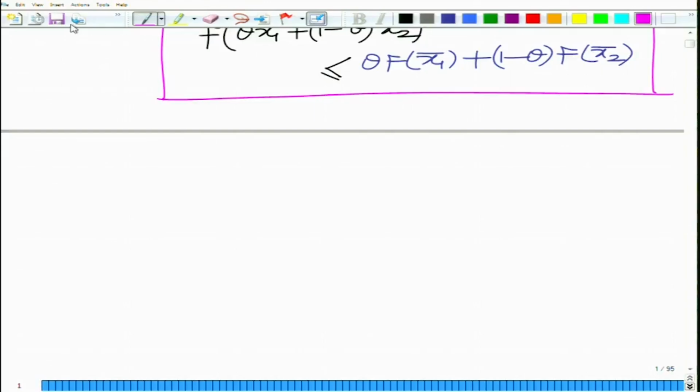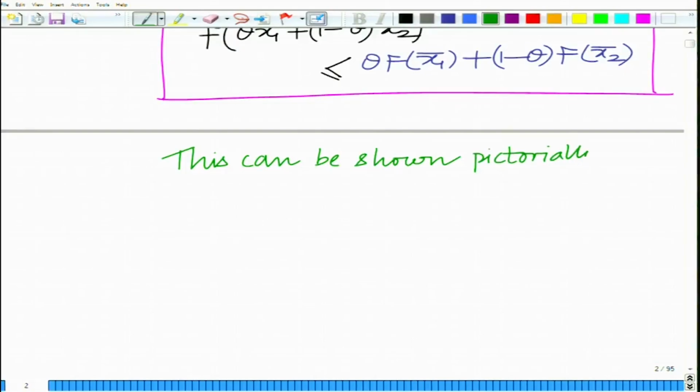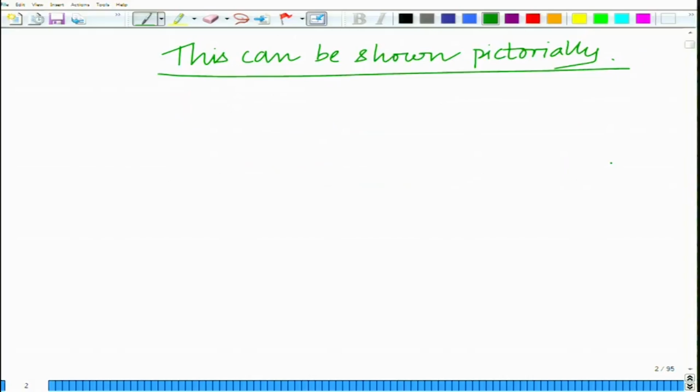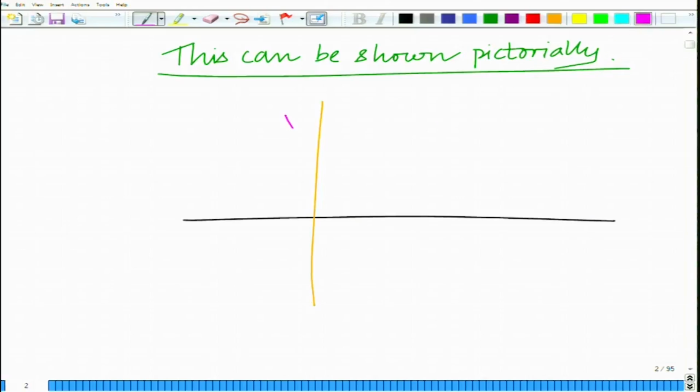This can be represented pictorially as follows. To better understand this, look at the following picture. I am just going to draw a diagram that will better illustrate this. So, let us say we have a function that looks like this.